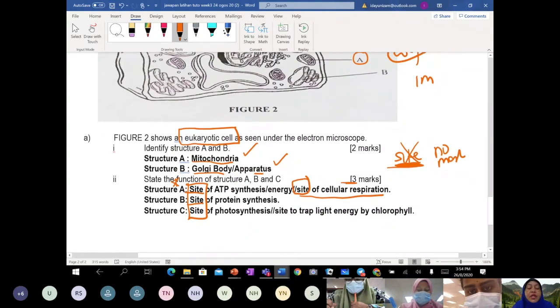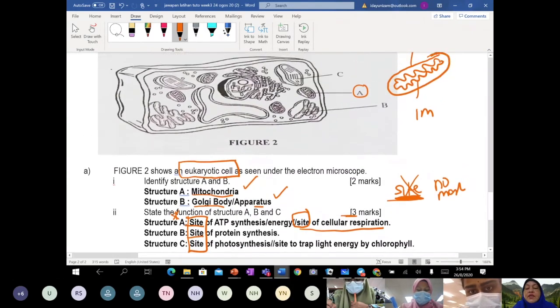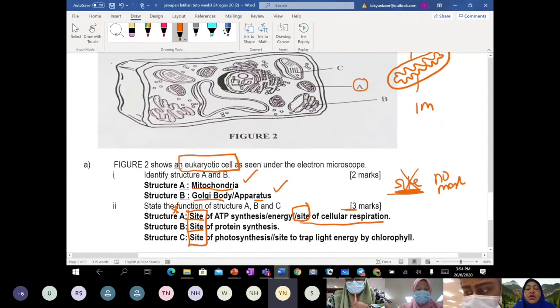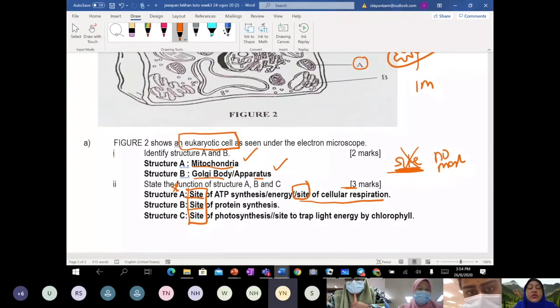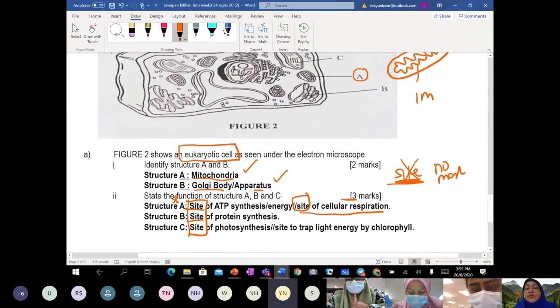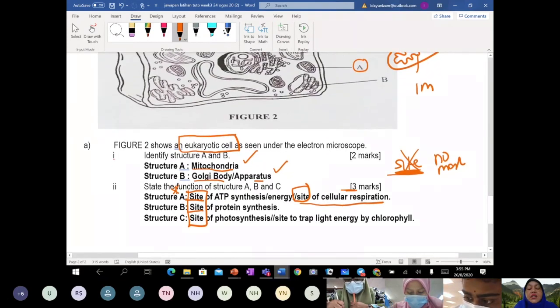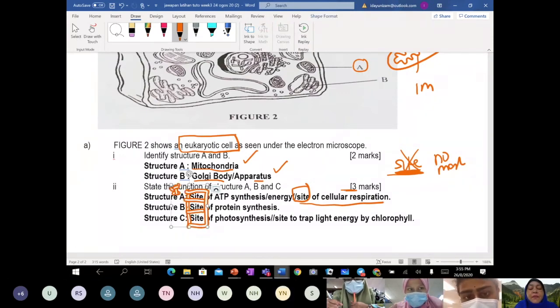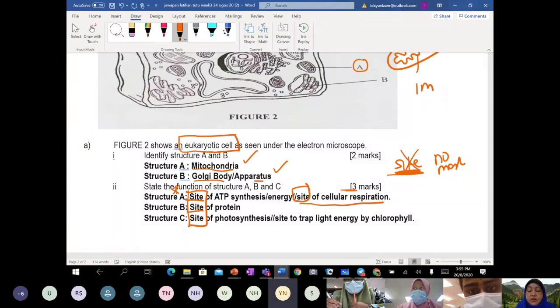Then B, what is B, class? It's a Golgi body. This is not site for protein synthesis, it's actually protein modification. Sorry, protein synthesis is ribosome.